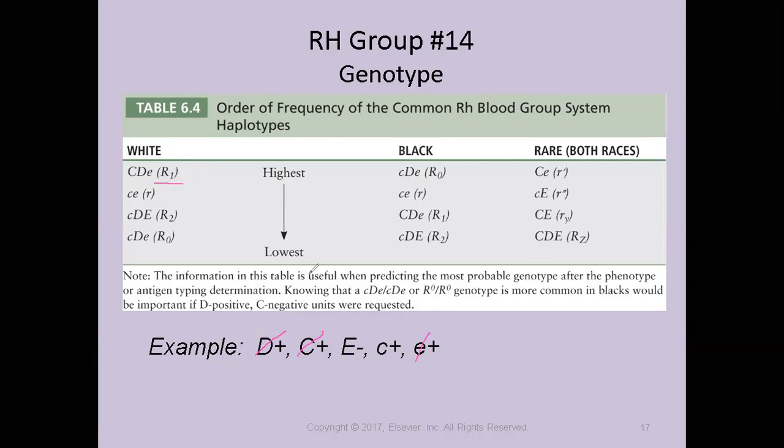So it's highly likely, if we had a white person, since this is the one that is most frequent in the population, that they are R1. Now, remember, they inherit a set of other alleles from their other parent, so we need to fill in.